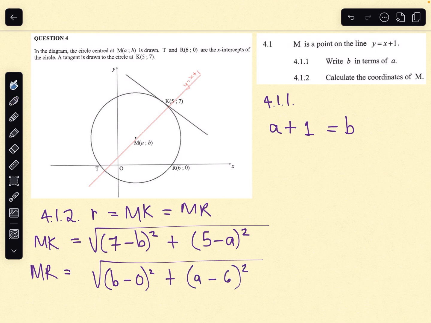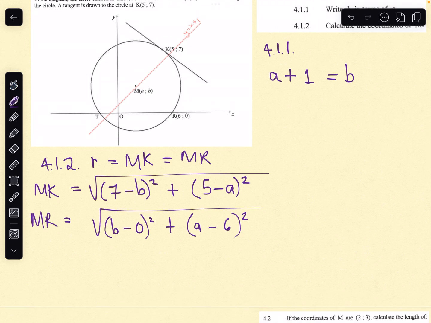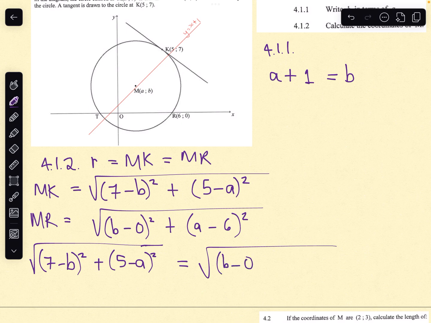Okay, so essentially our equation is that 7 minus b squared plus 5 minus a squared is equal to b minus 0 squared plus a minus 6 squared.